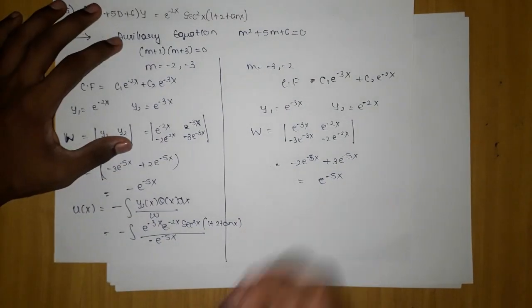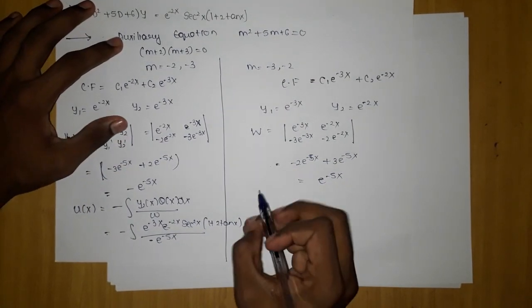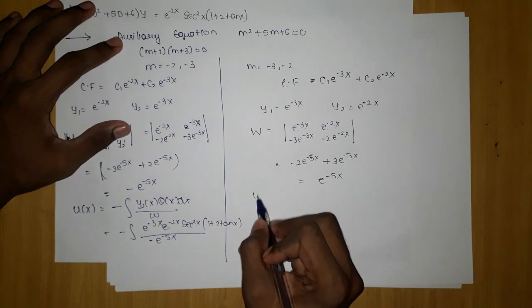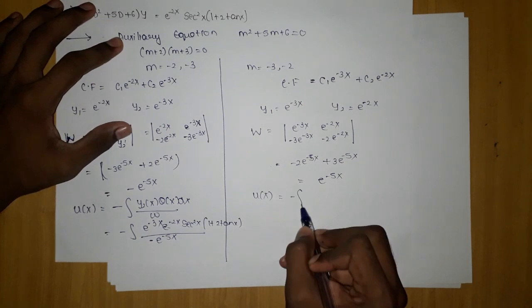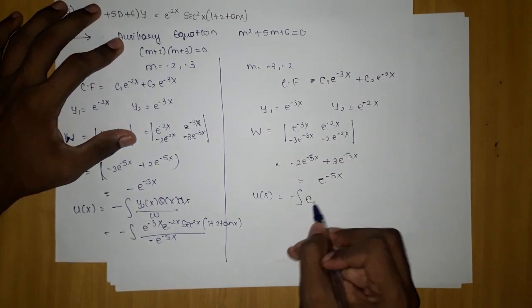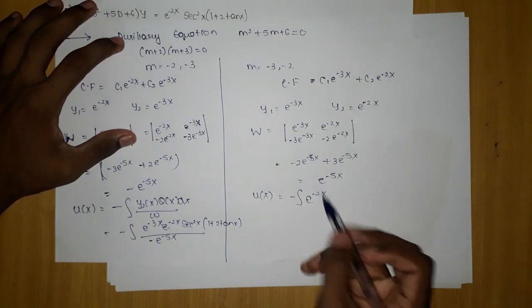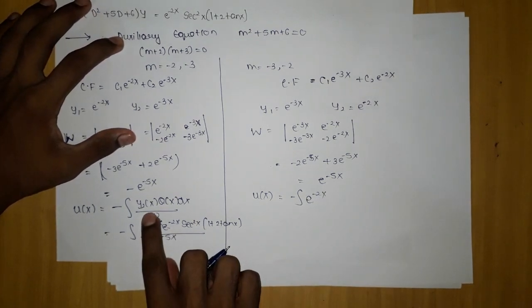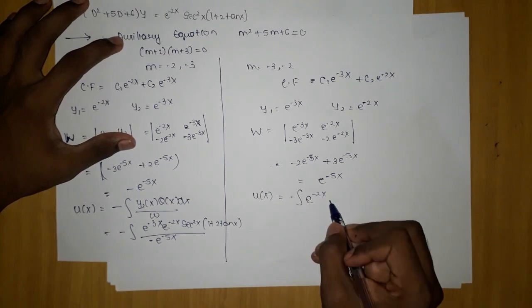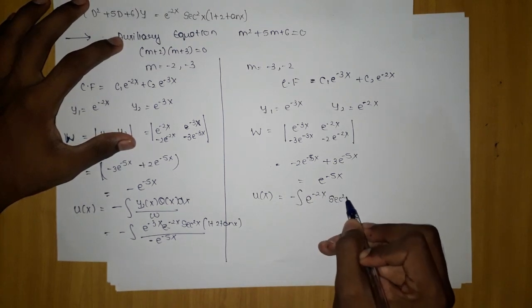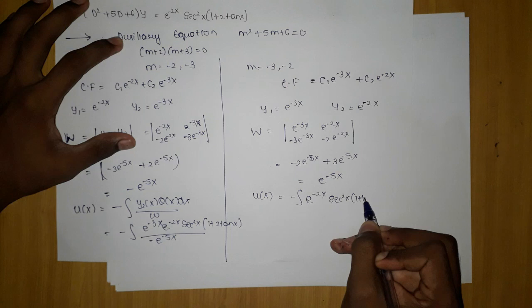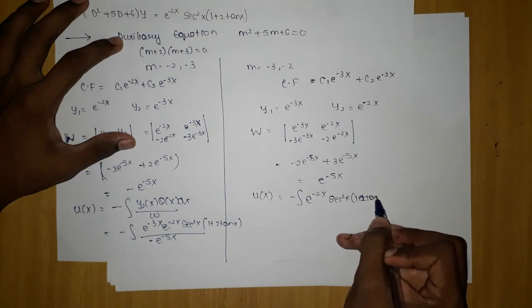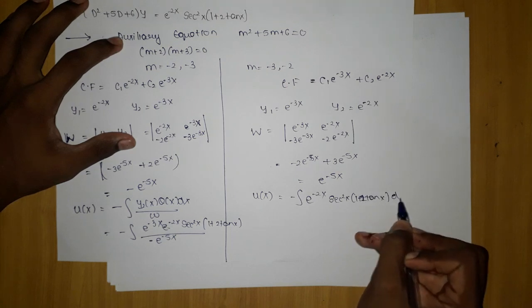Now let's try to get the v of x from this, which will be minus y2. Y2 is what? E to the power minus 2x and into q of x, which will be the same, sec square x into 1 plus 2 tan x into dx.